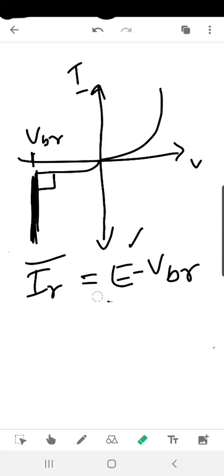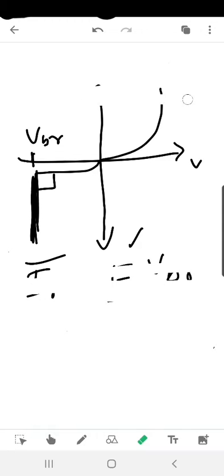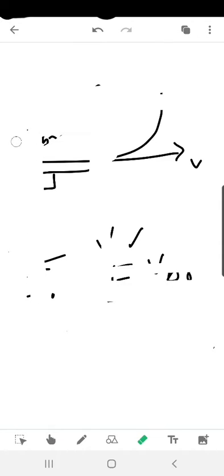Zener effect, Zener breakdown, or Zener mechanism, all are the same. Zener breakdown occurs when our breakdown voltage VBR is less than 4 volts. So Zener breakdown will occur at a voltage less than 4 volts.